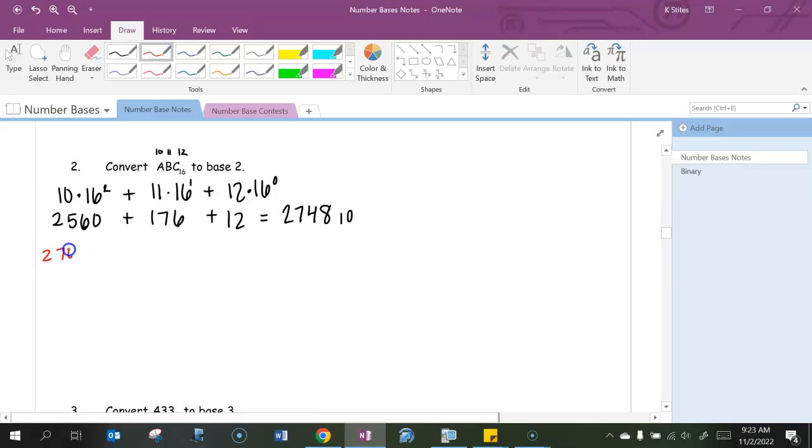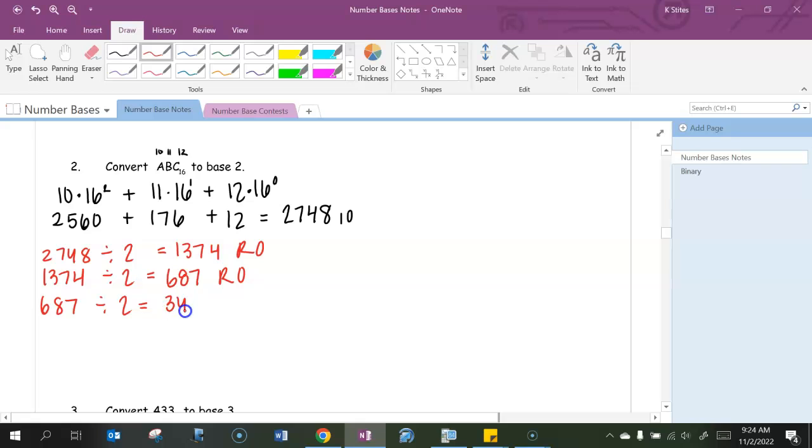What's kind of nice is that you do have an even number here. So when you divide this, you're going to get 1374, remainder 0. Keep dividing. This is 687, remainder 0. Keep dividing. This is going to be 343, but with a remainder of 1.